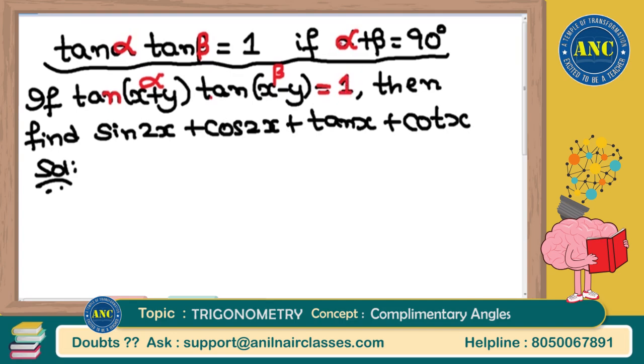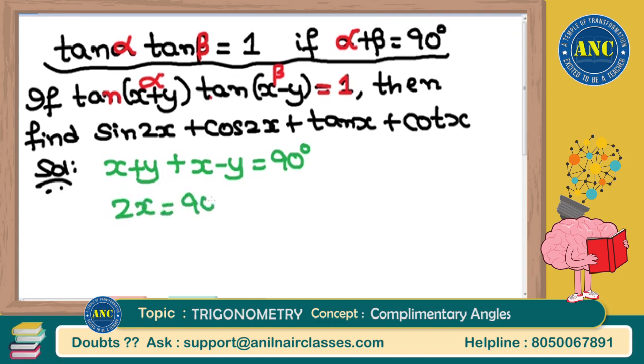If that is equal to 1, then definitely the sum of the angles will be 90 degrees. That means first angle x plus y plus second angle x minus y, the sum of these two angles will definitely be equal to 90 degrees. 2x is equal to 90 degrees. x will be equal to 45 degrees. Over, sir, your answer.